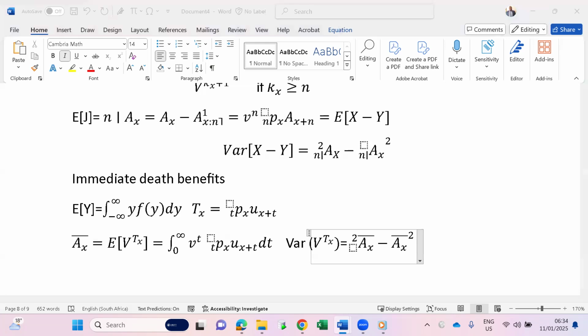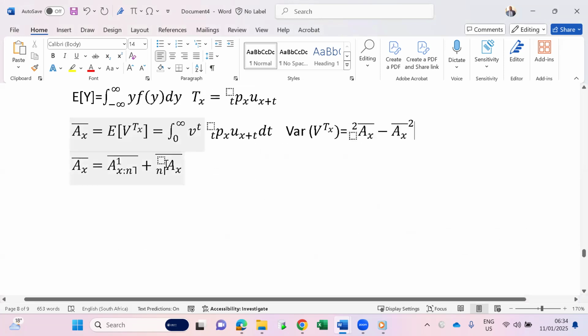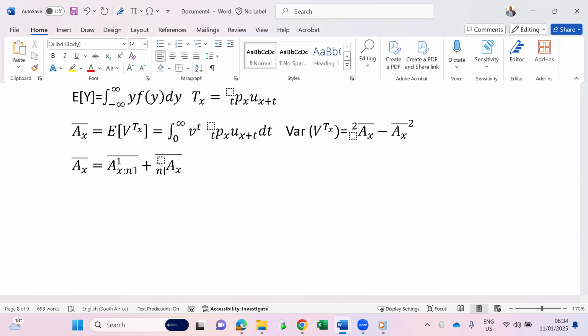And then if we were calculating a deferred or a term assurance as well, we'd have a bar at the top, right? Each of these random variables will have a bar at the top because they're all continuous. And we just calculate them from first principles where we'd introduce n instead of the infinity signs.